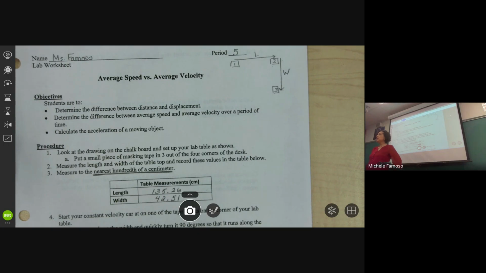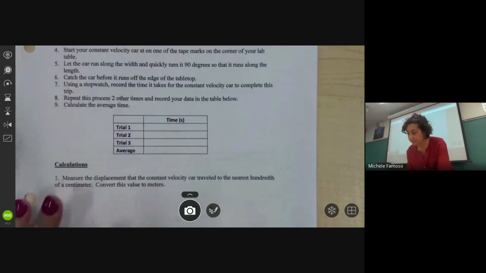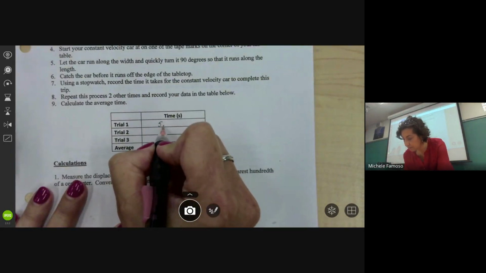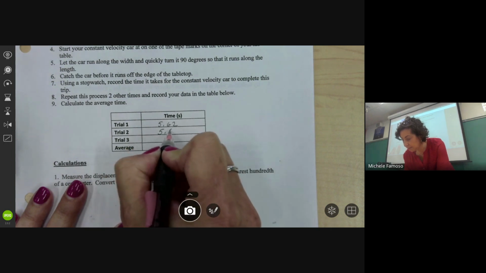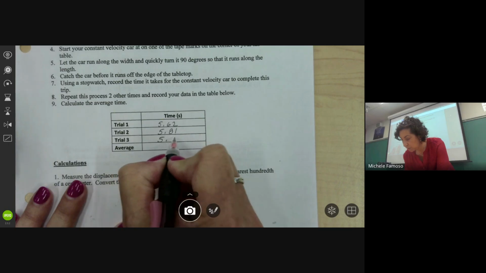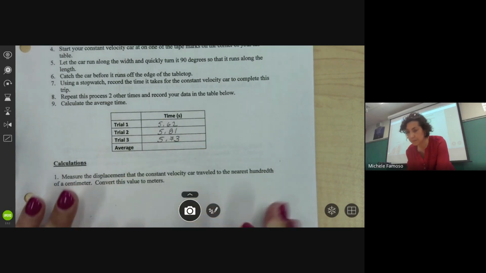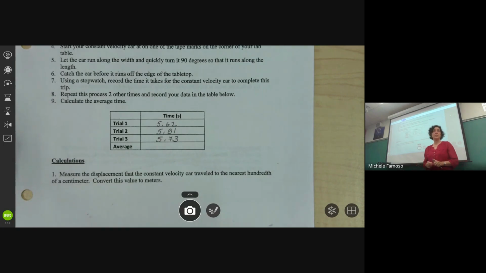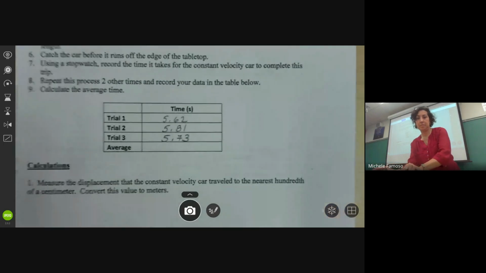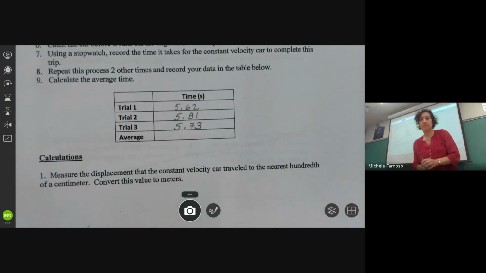Once you have your 3 times, bring the buggy on up to me. Once you have your 3 times, please bring the buggy back on up to me.